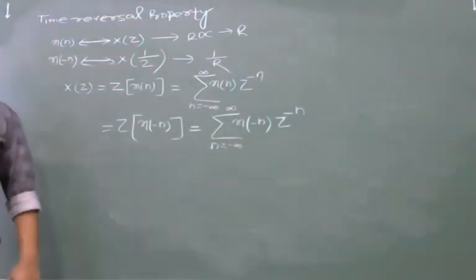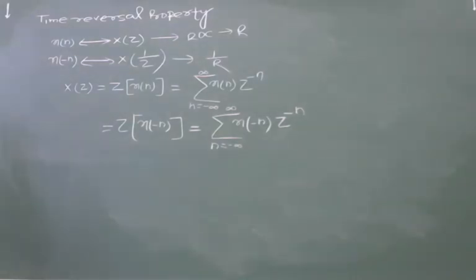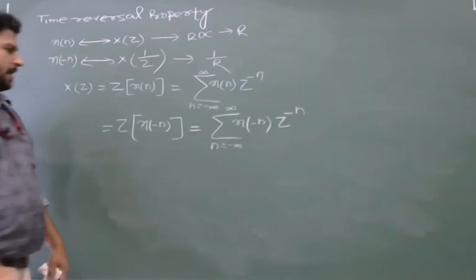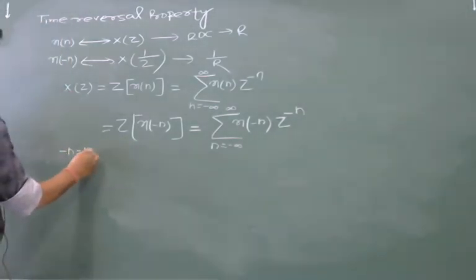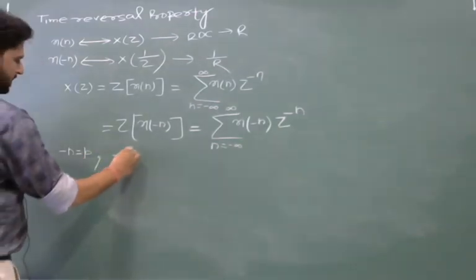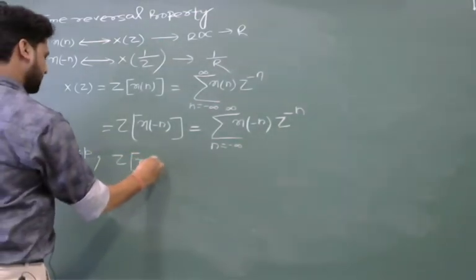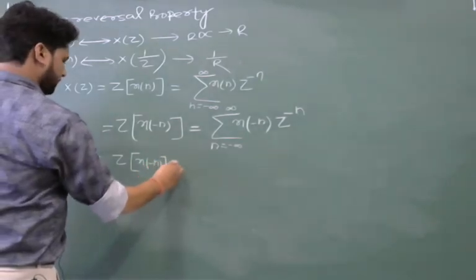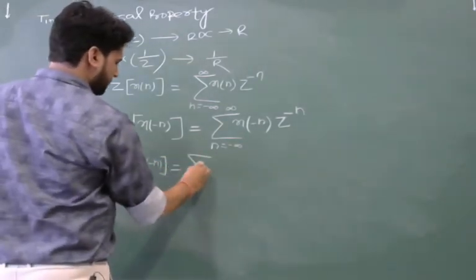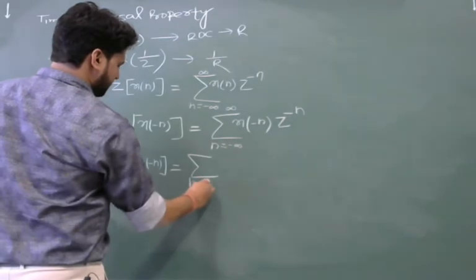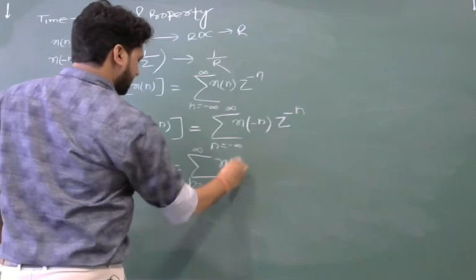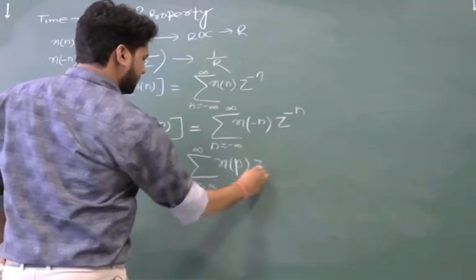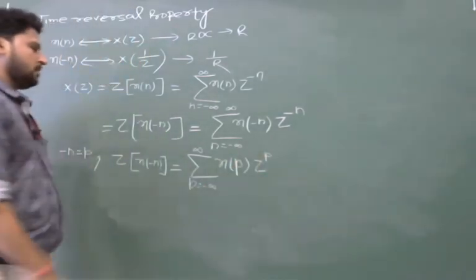Now replace this variable minus n with another variable p. Then the z transform of x of minus n will be equal to sigma p from minus infinite to plus infinite x of p into z power p.